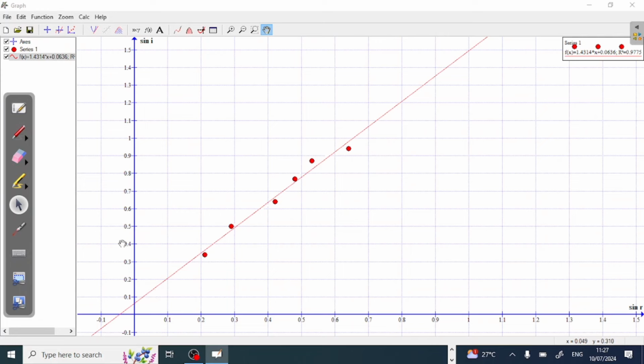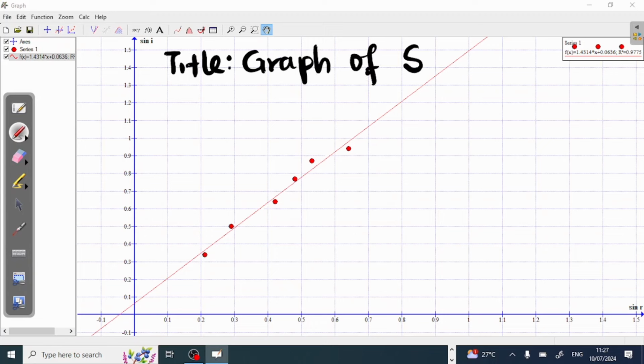Now, don't forget every graph must have two things, which are what and what there, the title and the scale. So for this one here, the title is simply the graph of, now I plotted sine I versus, okay, I can use versus or against.